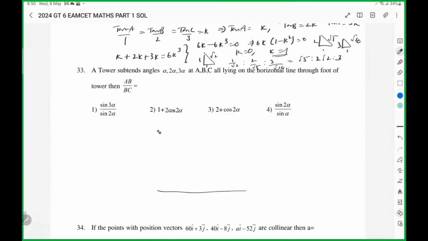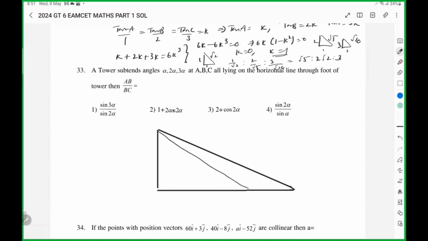In tower subtend, a tower subtends alpha.